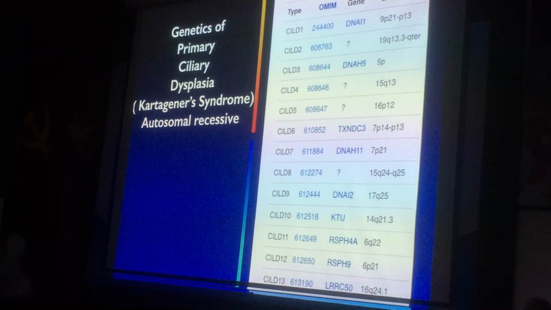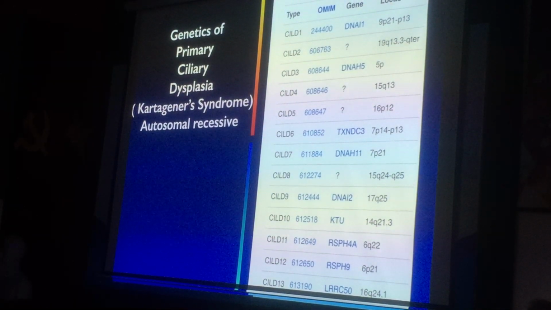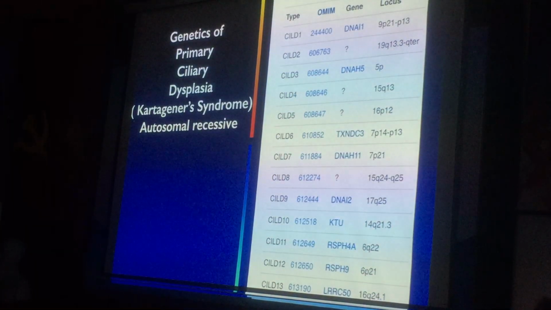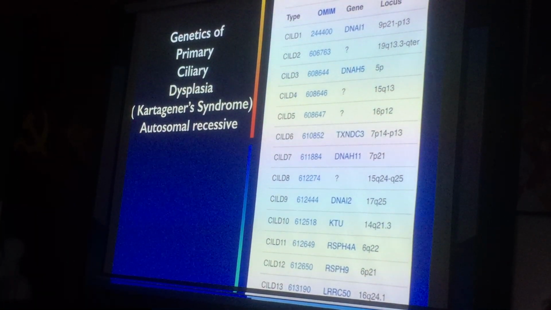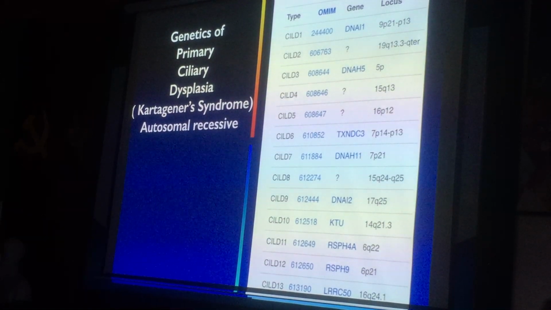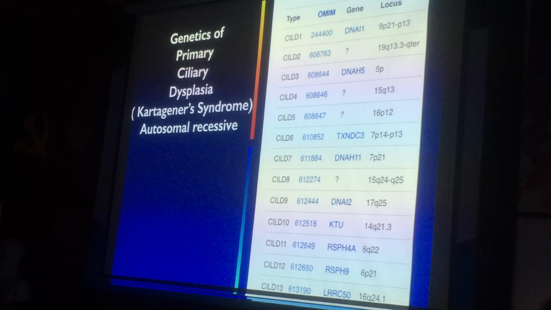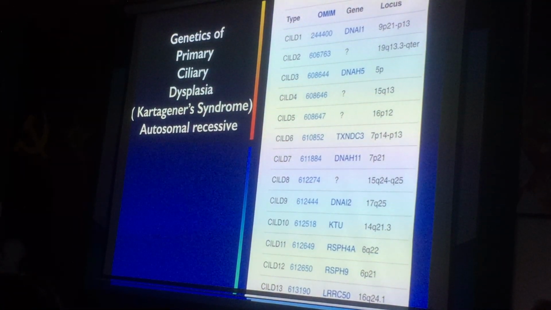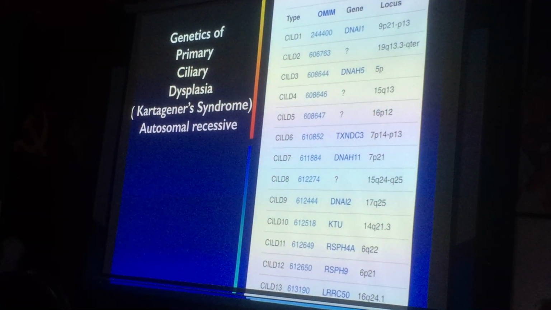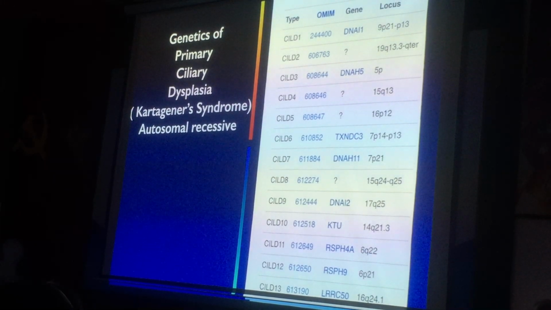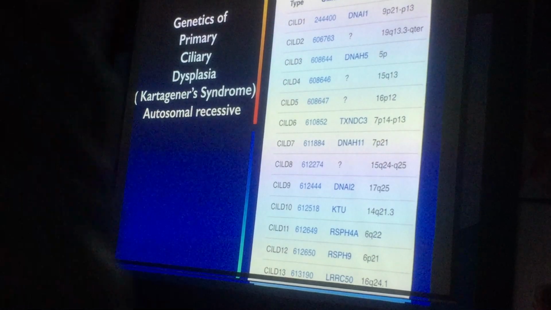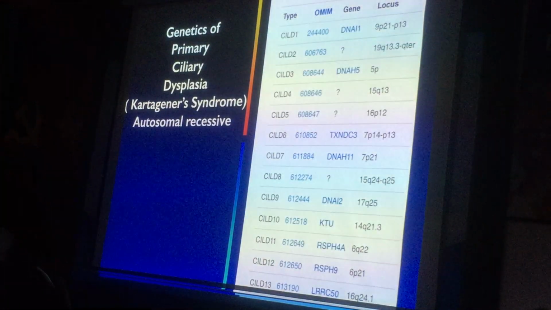There's a huge number of genes already involved in looking at this. The other thing about Kartagener syndrome is that it's not just situs inversus. They can have congenitally corrected transposition. They can have mesocardia. They can have all kinds of things. So this is a disease that develops because the cilia in the embryo, not only in the respiratory tract, are not well developed and they don't come right.